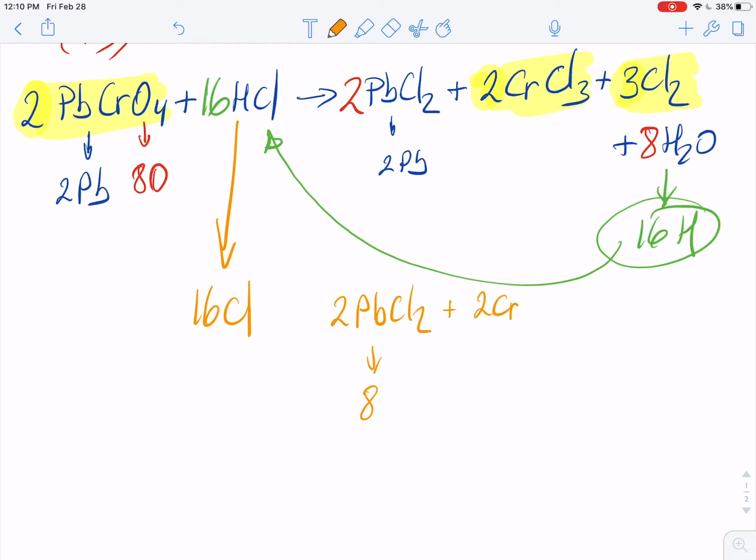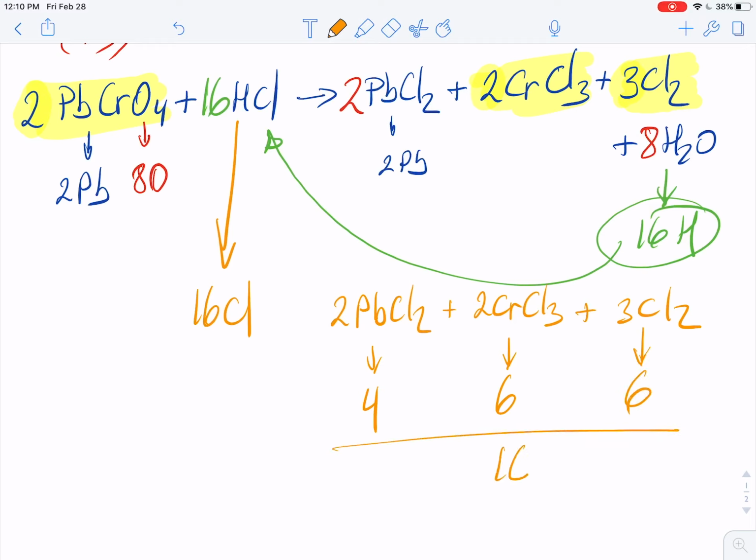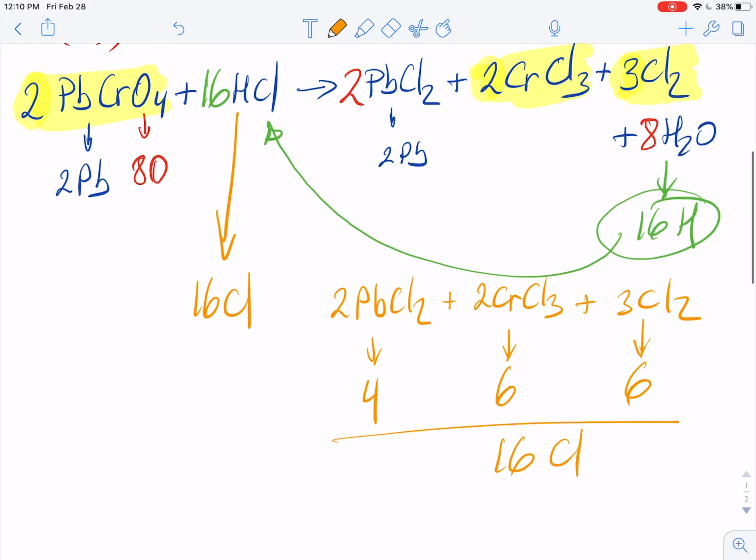You have 2 CrCl3, you have 6 here. And you have 3 Cl2 here, which is 6. You add all this together, you have 16 chlorines on the product side as well. So everything is balanced.